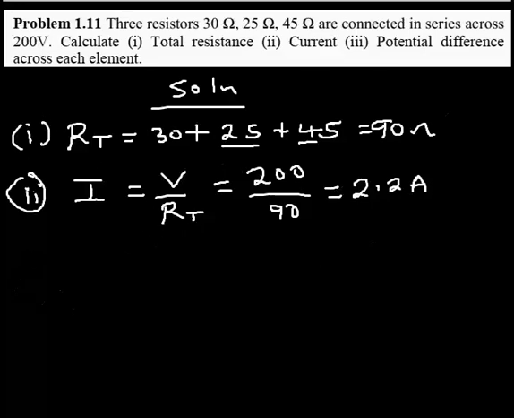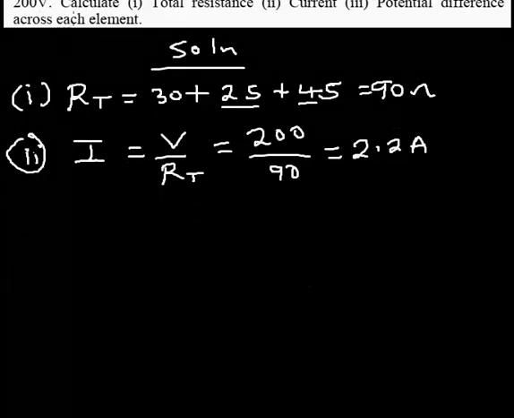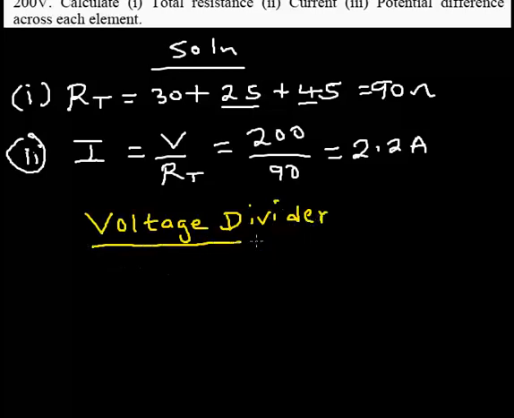All right. Before I solve this question, I will have to introduce what is known as voltage divider of series connection. Remember there are three resistors connected in series, and their resistance is in the ratio of R1 is to R2 is to R3.